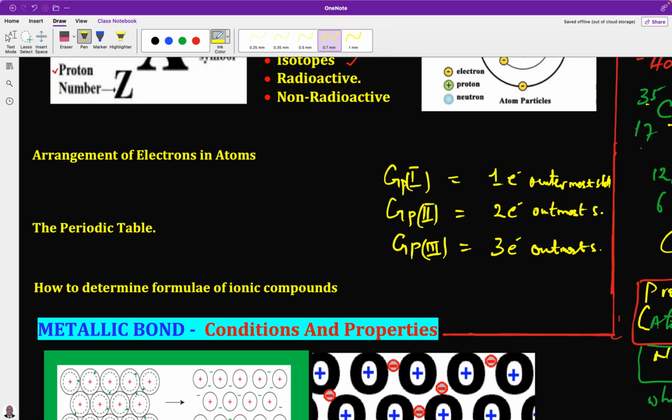As you move from top to bottom, those are the columns, the groups. They are arranged from group 1 to the noble gases, and in between are the d-block elements or the transition metals.